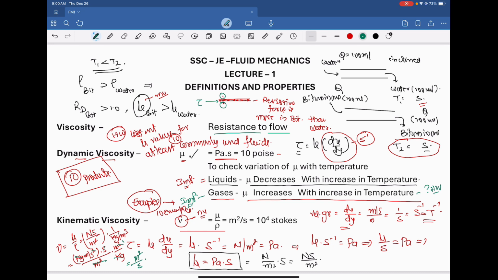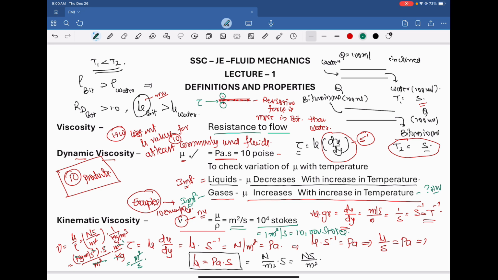Very important. And the practical unit used is Stokes. 1 meter square per second is equal to 10,000 Stokes. Because when it is expressed in meter square per second, the values are very, very low.